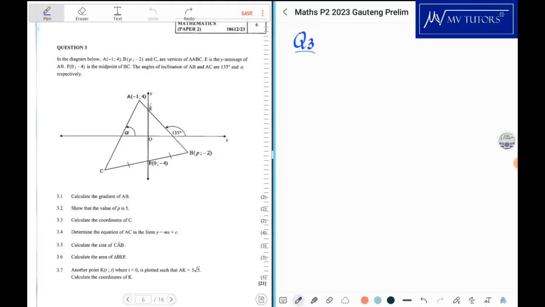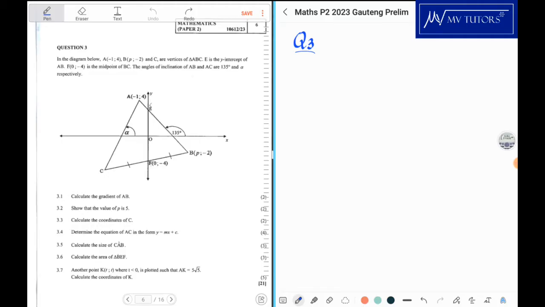Okay, so it says in the diagram below, A, B, C are vertices of triangle ABC. E is the y-intercept of AB. F is the midpoint of BC. The angles of inclination of AB and AC are 135 degrees and alpha respectively.